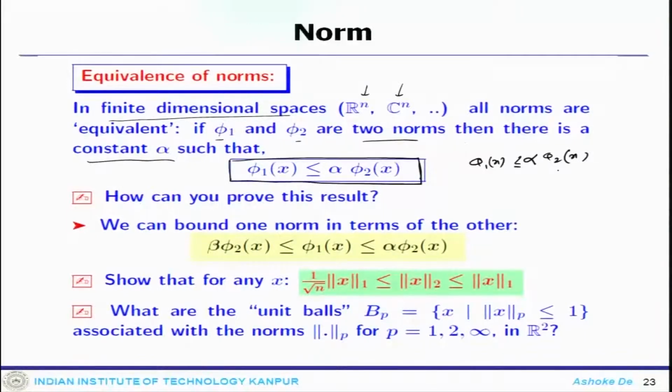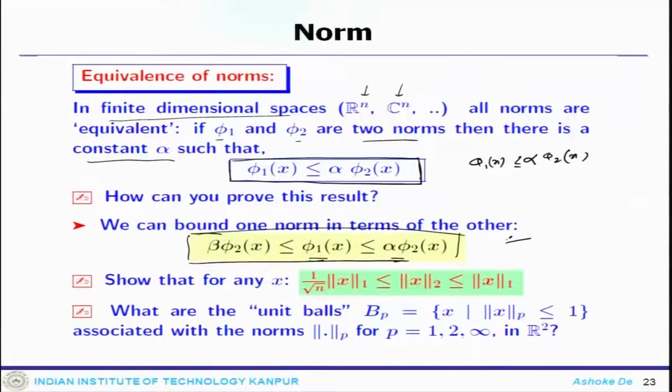Now, you can prove these things; one has to look at them in linear algebra. We can bound one norm in terms of the other also. Similarly, if you have a scalar beta multiplied with phi 2, then beta phi 2 of x must be less than or equal to phi 1 of x, which is also less than or equal to alpha phi 2 of x.